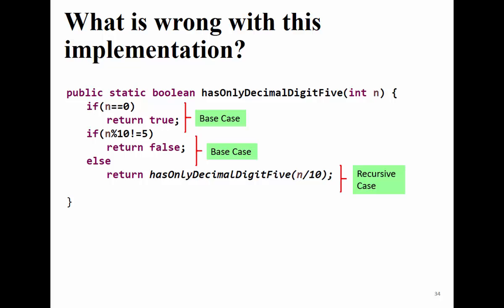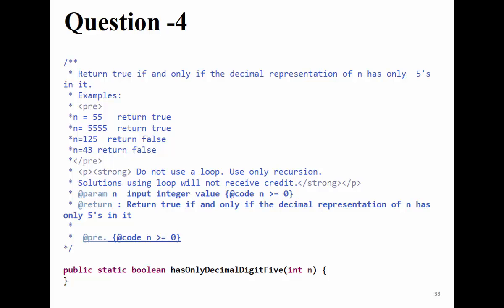Yes. We need to make sure, look at the API, we need to make sure that all the digits are 5. So once we see a digit is not equal to 5, we're going to return what? False.